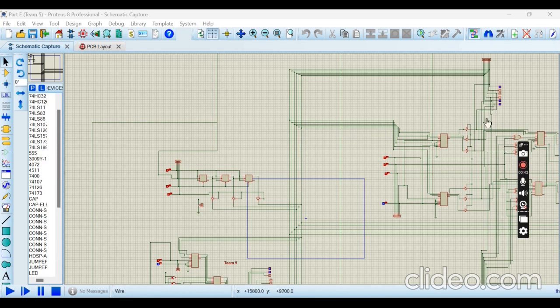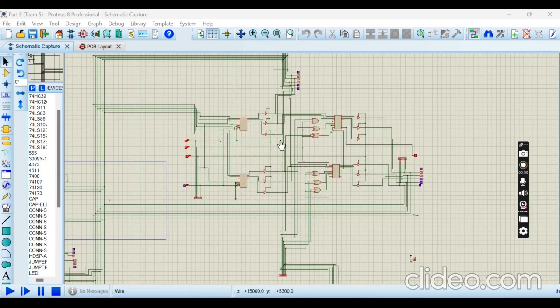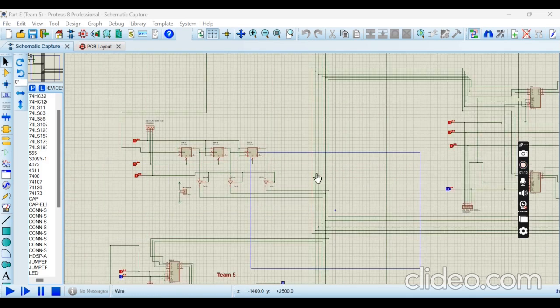And 6 bits again are coming from the accumulator to the ALU for it to perform its operation of either addition or subtraction based on the instruction given to the ALU. 6 bits are coming from the accumulator to the ALU, and 6 bits are coming from the ALU going to the bus bars.